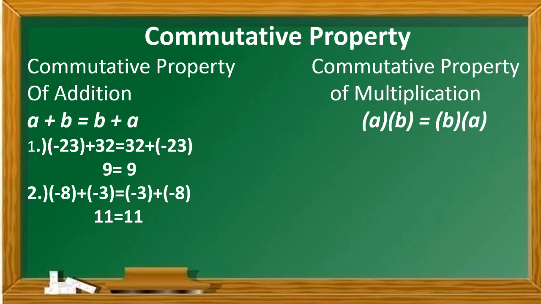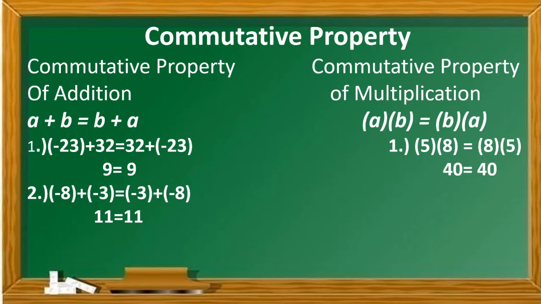For example, 5 times 8 is equal to 8 times 5. To check if the products are the same, let us multiply both sides. 5 times 8 is 40, and 8 times 5 is also 40. Therefore, the products are equal.